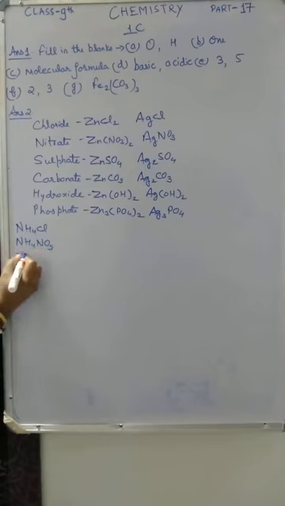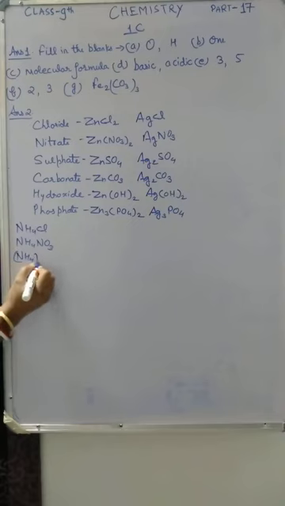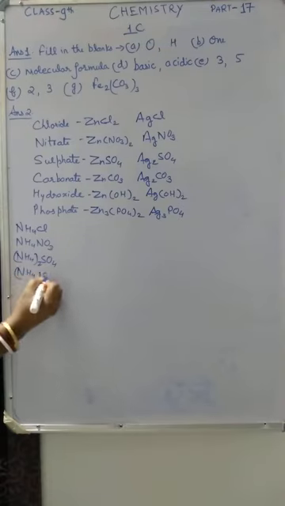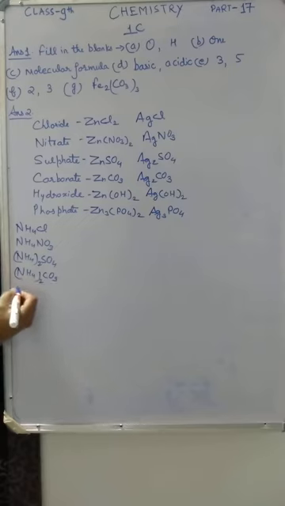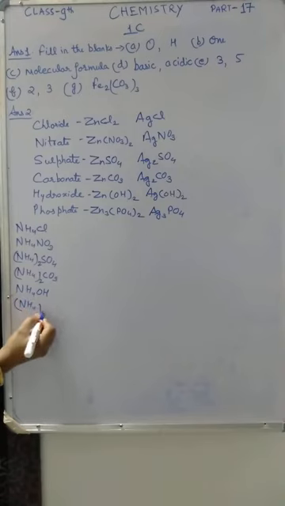Sulfate, (NH4)2SO4. Carbonate, (NH4)2CO3. Hydroxide, NH4OH. Last one, phosphate, (NH4)3PO4.